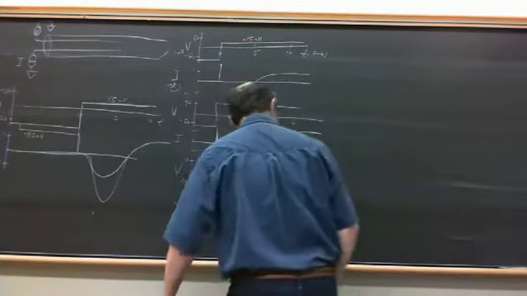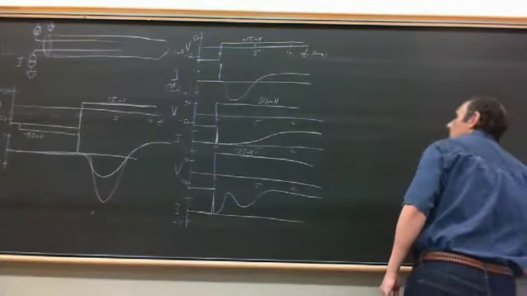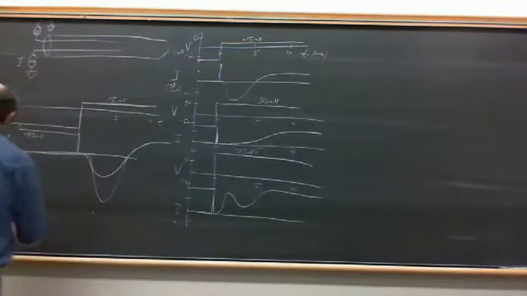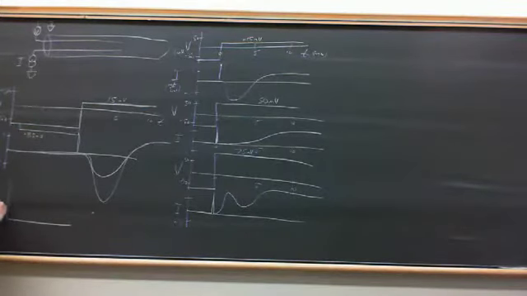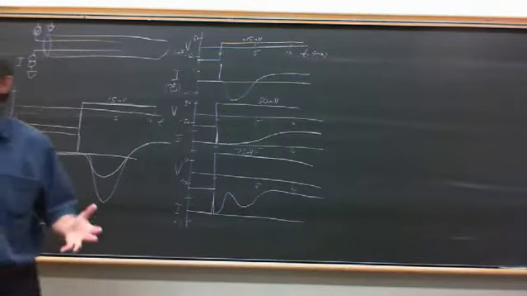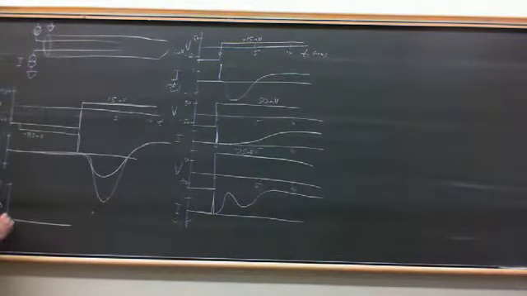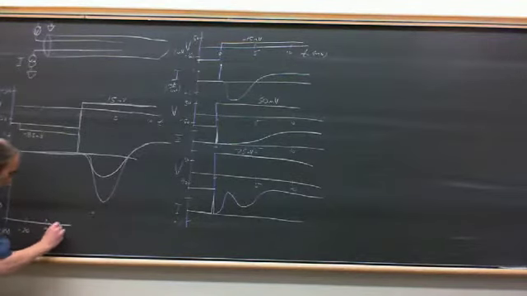The way to think about it is this. Here you have your H infinity curve that we drew last class. This is the value that H is going to after a long time. This is a function of voltage in millivolts.